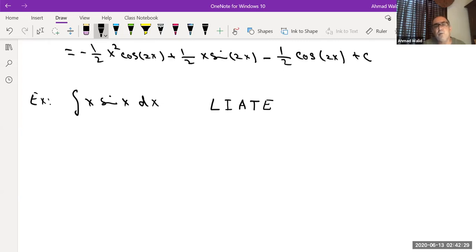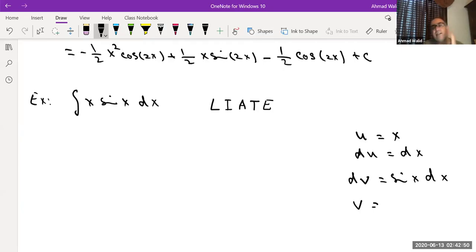Definitely your u will be algebra or algebraic. Then your u is equal to x. du equals dx. Your dv is the rest, sine x dx. Your v will be, what is the integral of sine x dx? The integral of sine x dx is negative cosine x.